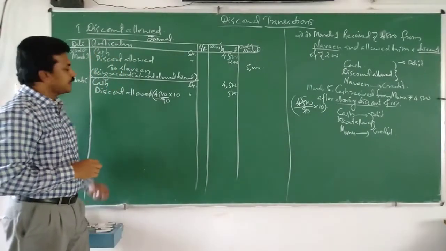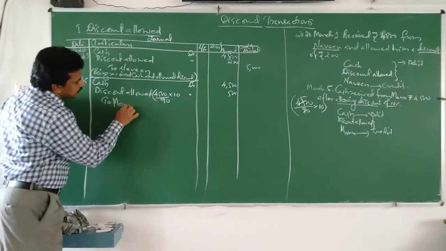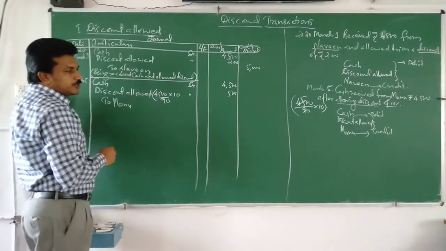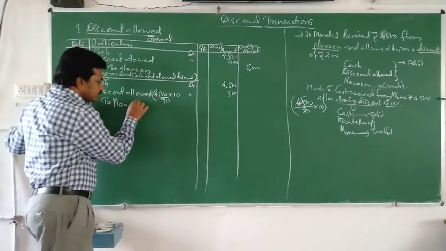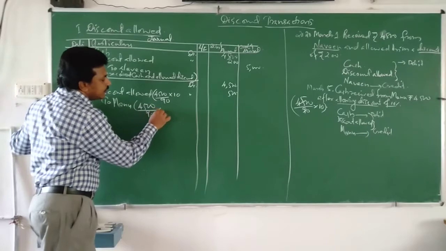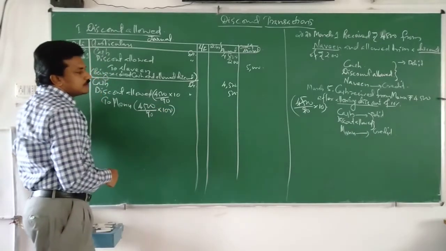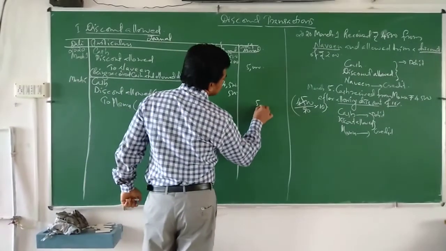Is it clear? Then how much we had to give? Otherwise you can find like this: 4,500 is 90, then what is 100? Full amount we had to pay, that is 5,000.